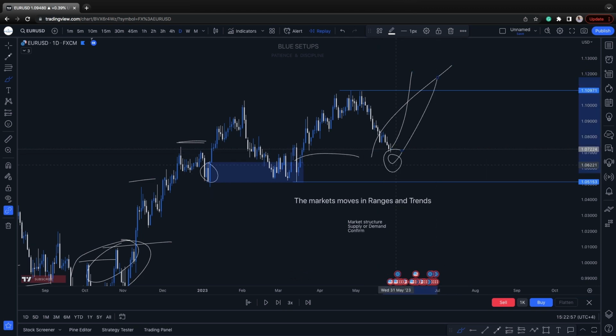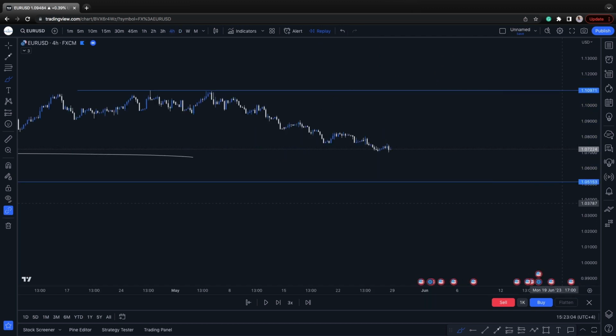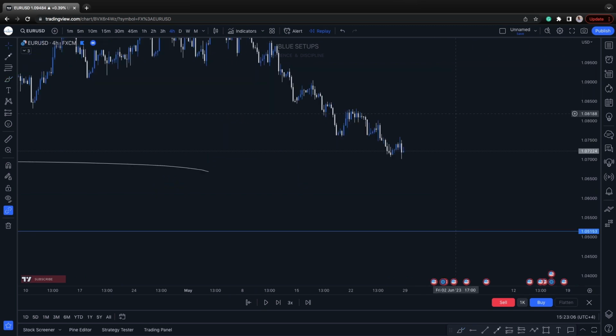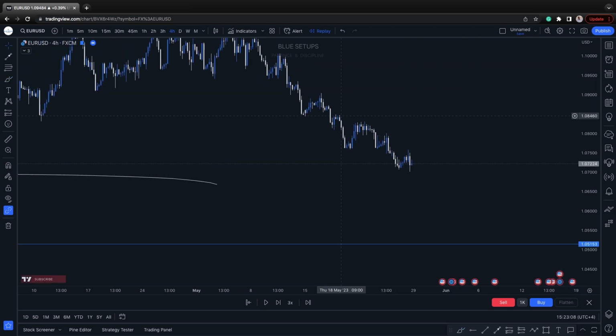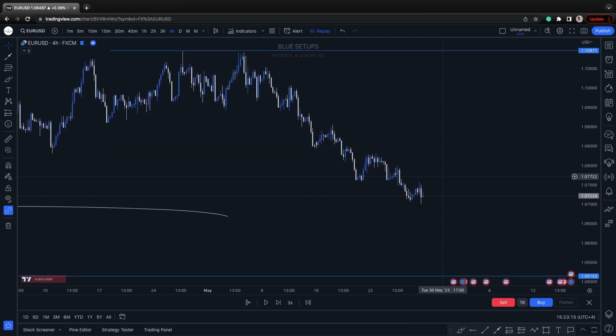Some people might, instead of looking for buys, jump on the lower time frame, let's say 4 hour. Some people might even be looking for sales in here, saying they want to sell into that demand before buying. I don't trade that way, and if you are trading that way, you should be doing it only when you are already profitable.